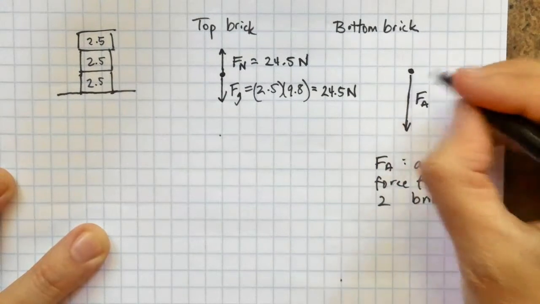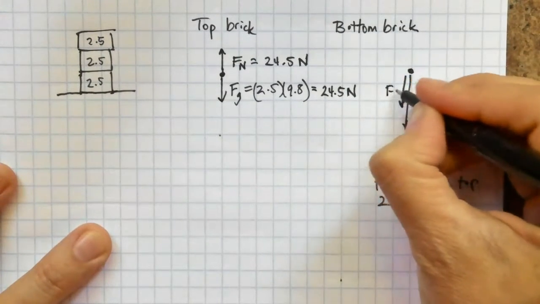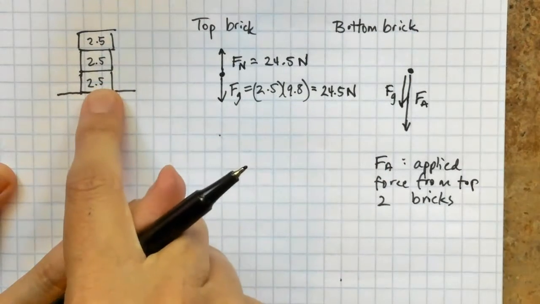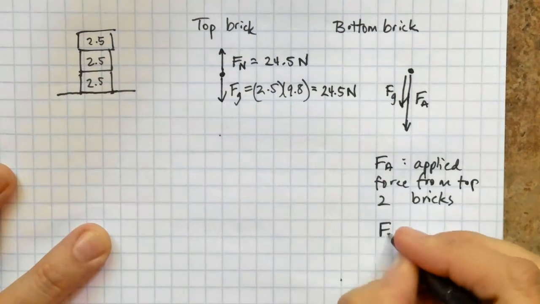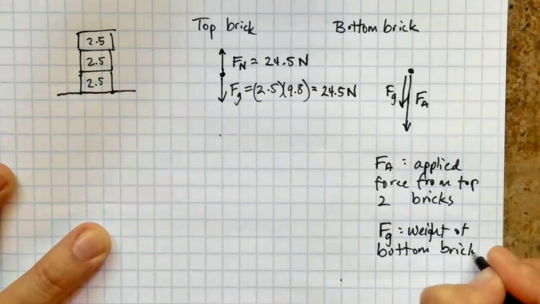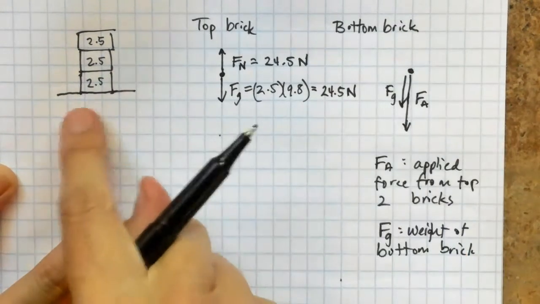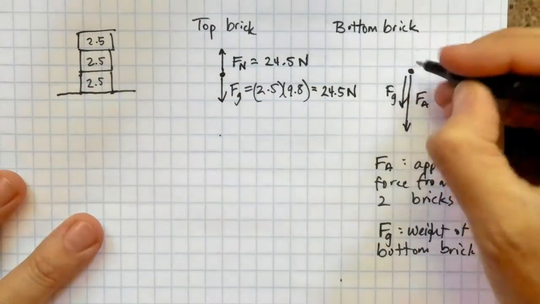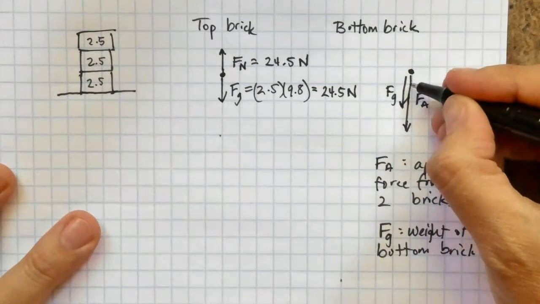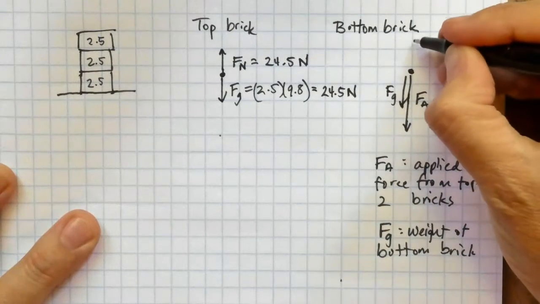And then we will also have a force due to gravity for the third brick itself. Now, the normal force that the floor is exerting on this bottom brick has to equal the sum of the 2 vectors going down.